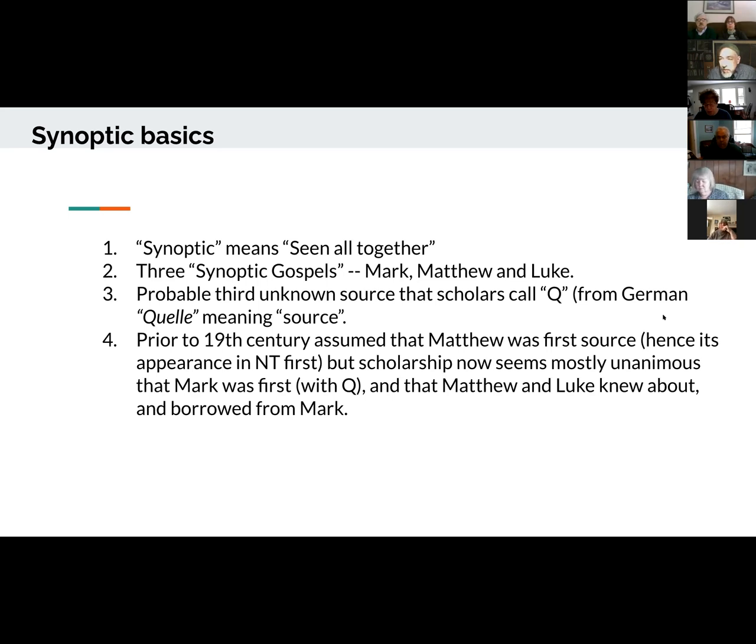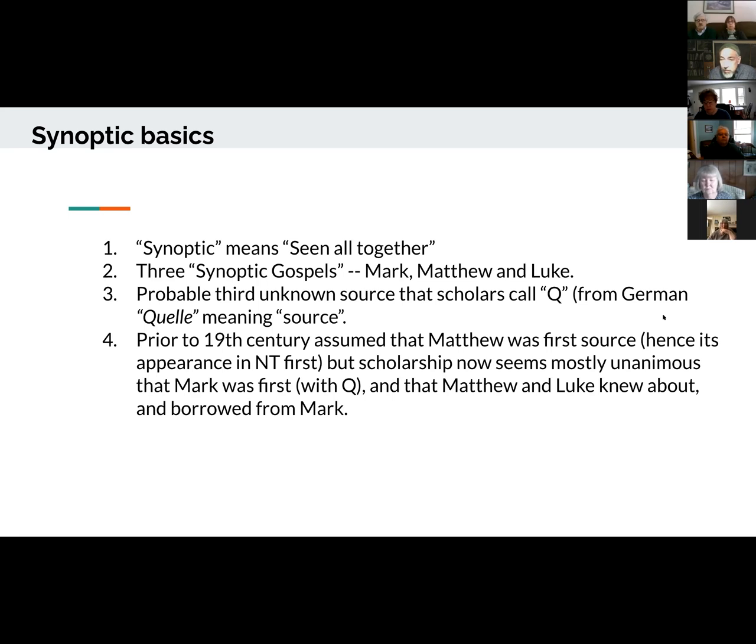But then some scholars made pretty compelling arguments that Mark was probably the first, and that the other two synoptic gospels, Matthew and Luke, likely knew about Mark and had Mark as a source when they were putting together their gospels.